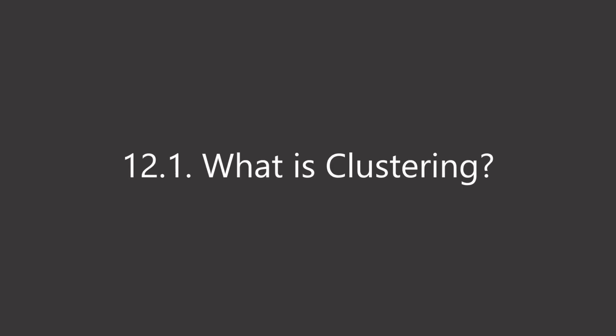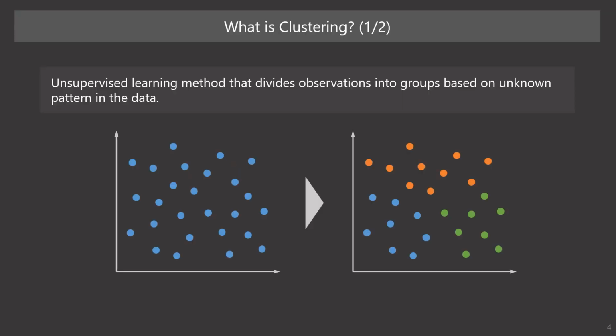As the first section, let me explain what cluster analysis is. In this course, I use the words cluster analysis and clustering interchangeably. Clustering is a method of machine learning that divides data into groups called clusters.